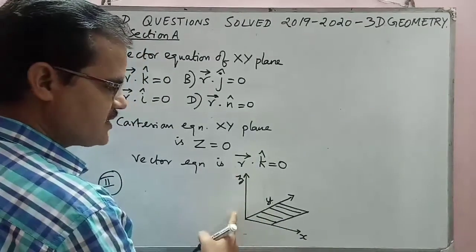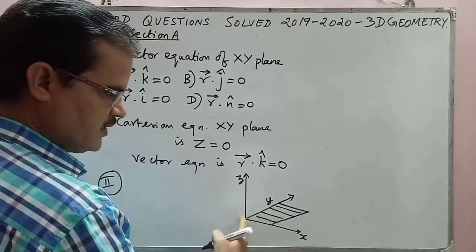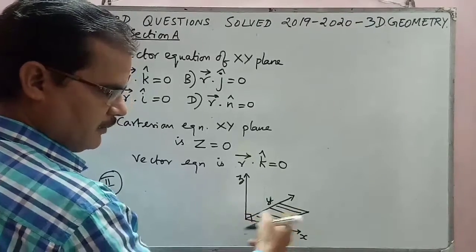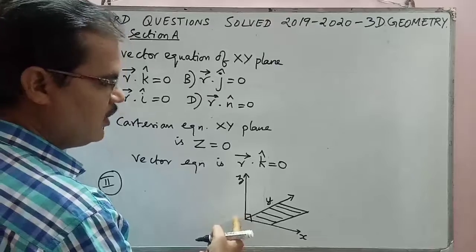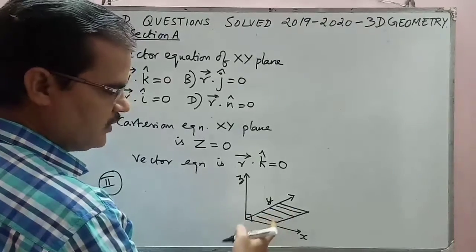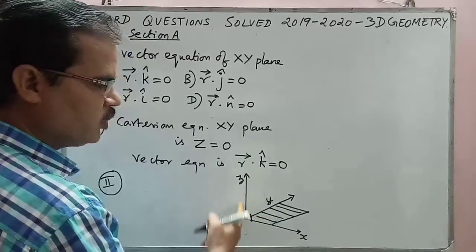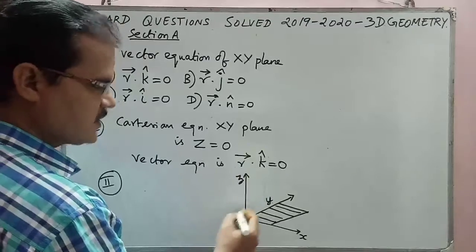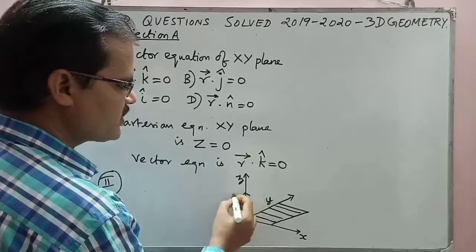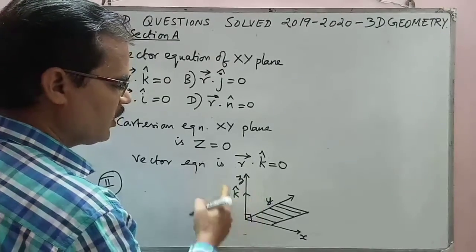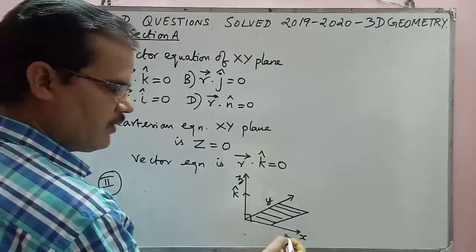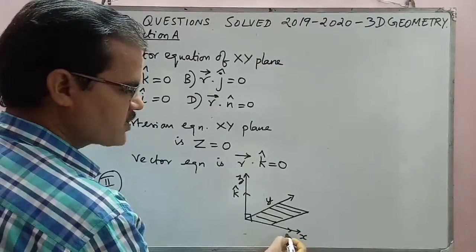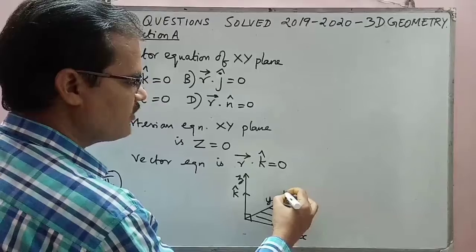And the z axis is normal to the plane. You can see that it is perpendicular to the plane. Now take any vector in this xy plane. It will be perpendicular to your z axis. The unit vector along the z axis is k cap, x will have i cap and y will have j cap.